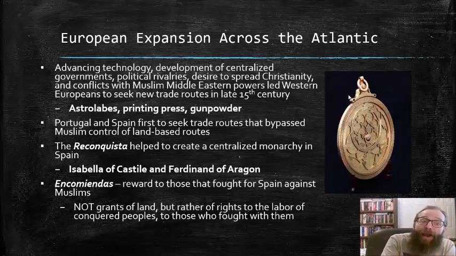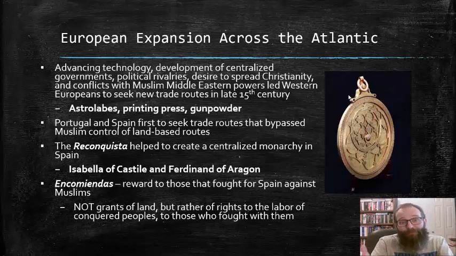Prior to the Reconquista, much of Spain was actually controlled by Muslim powers. But spearheaded by Isabella of Castile and her husband Ferdinand of Aragon, the Spanish kingdoms began to consolidate and push back the Muslim presence in the Iberian Peninsula.